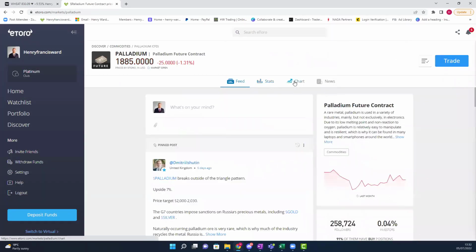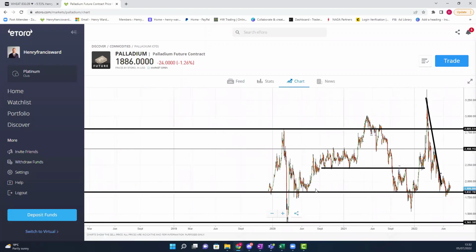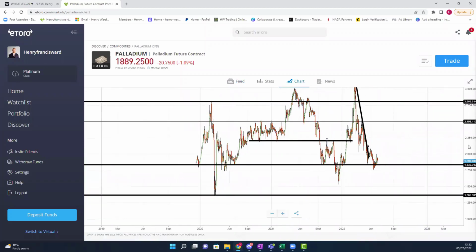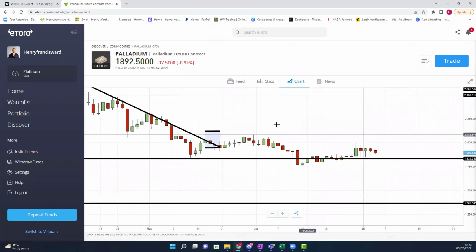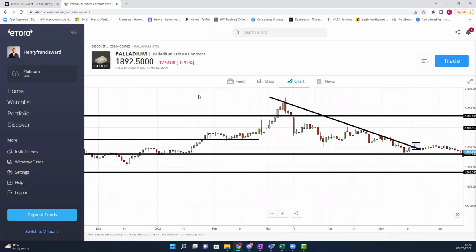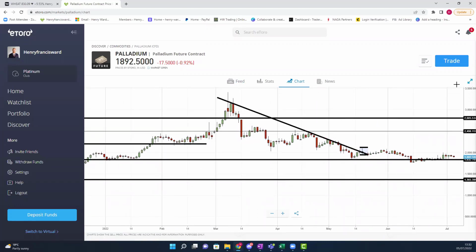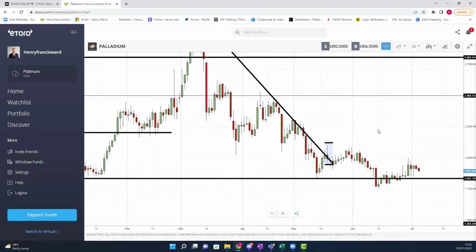Palladium. Palladium has sort of sat on this level, held its own. We talked about this as a potential short here. Stop loss, entry, and it really hasn't moved anywhere since, has it?